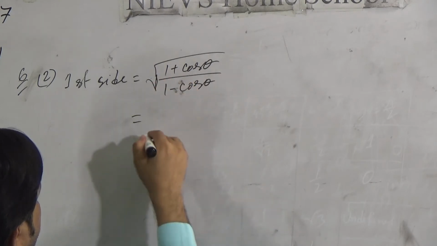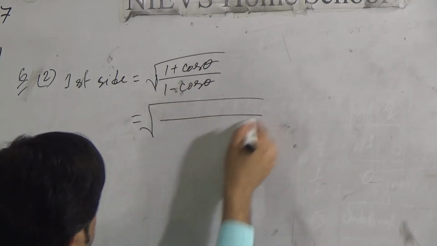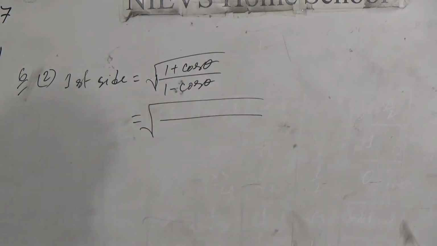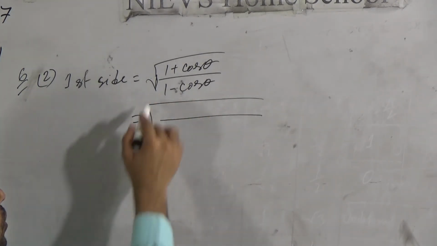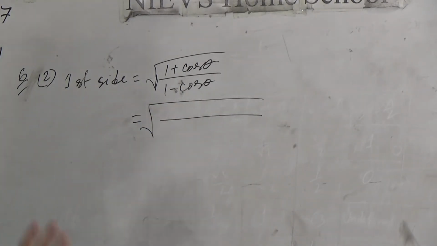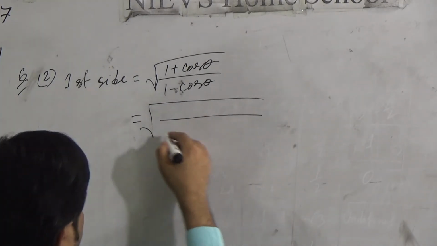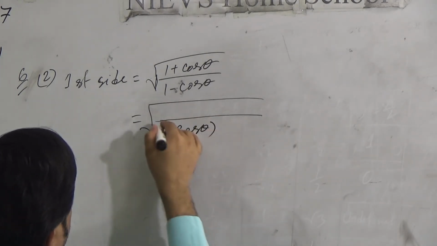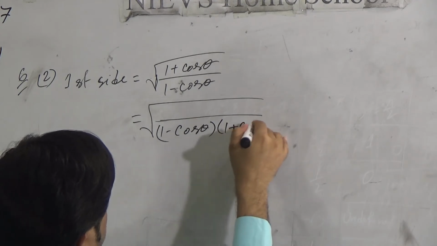We have to see the denominator. We have to take the opposite of the denominator. We have to multiply both the numerator and denominator by the opposite expression of the denominator. So here is 1 minus cos theta multiplied by 1 plus cos theta.